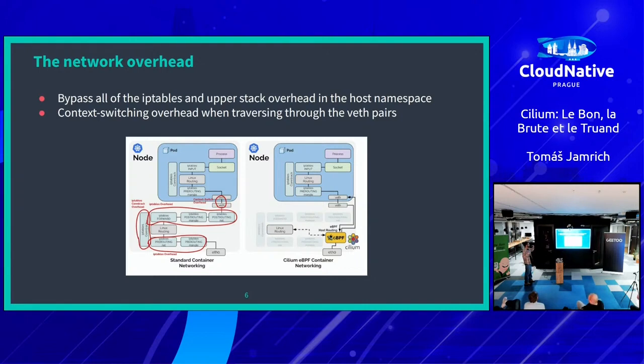So when you switch from IP tables to eBPF, you have less overhead on the network side and less context switching.